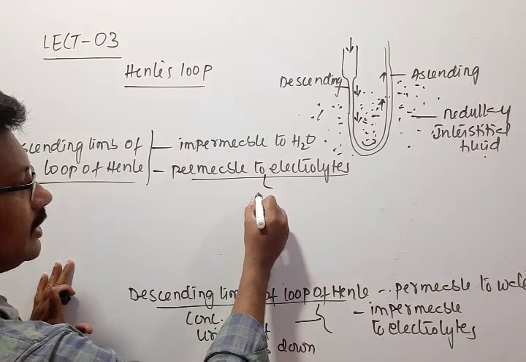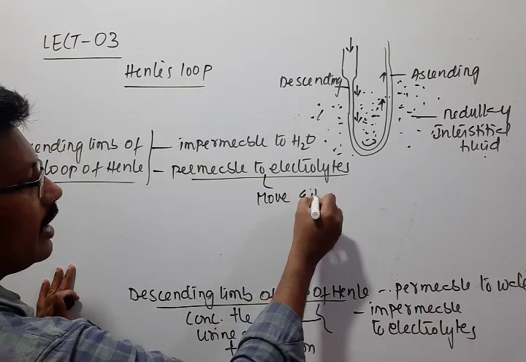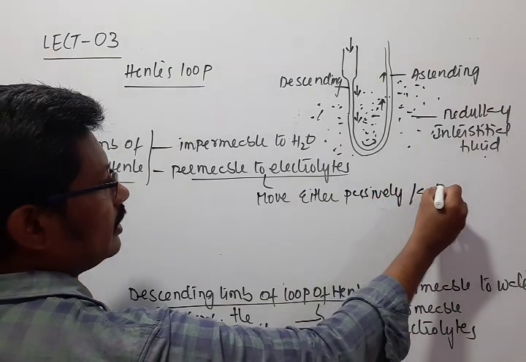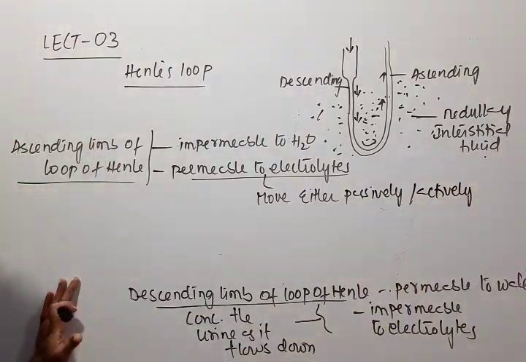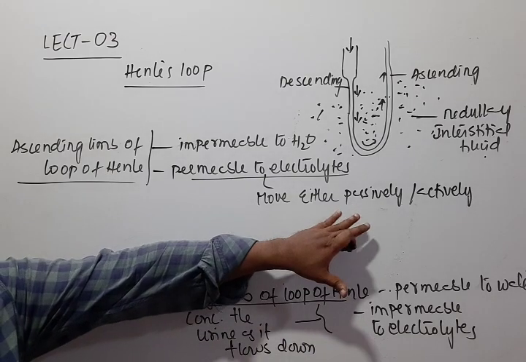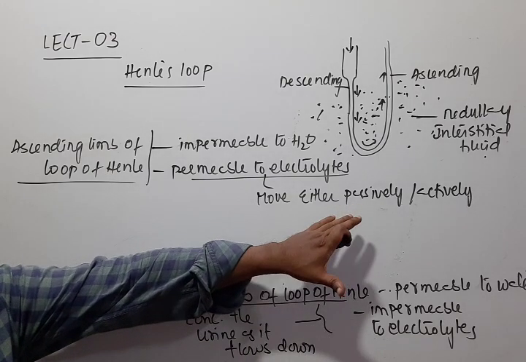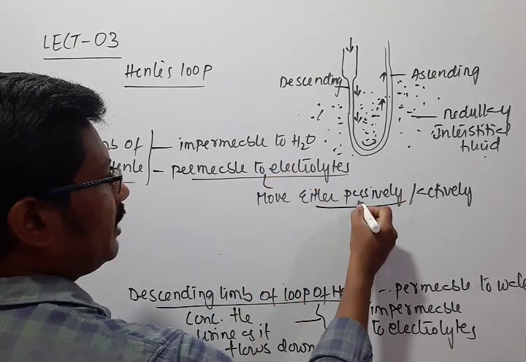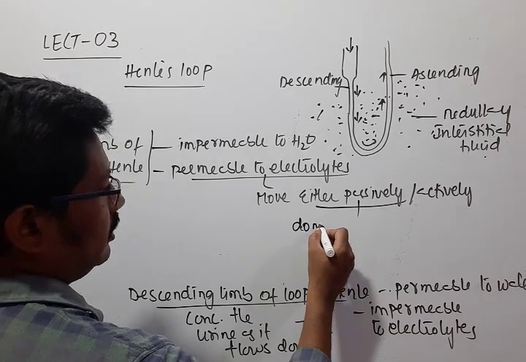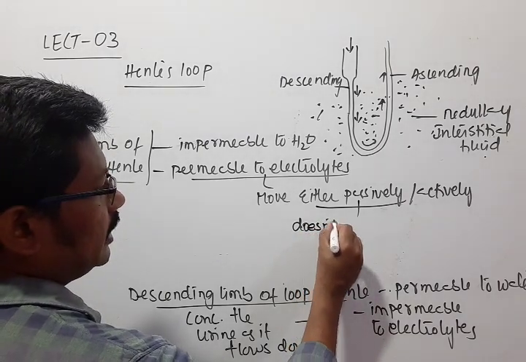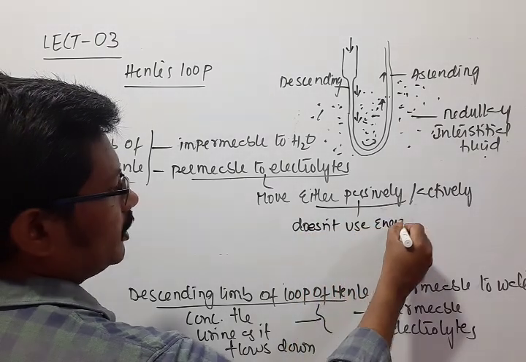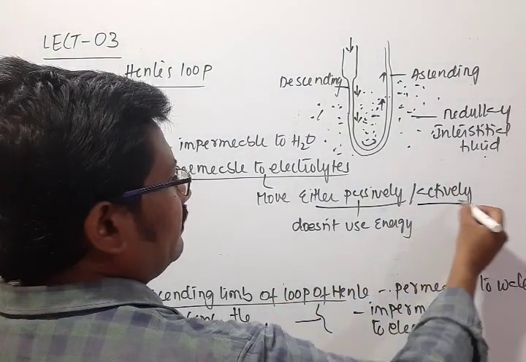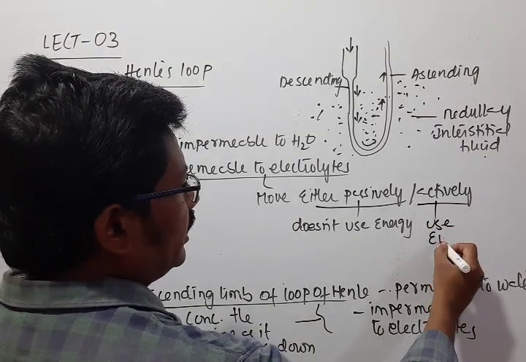Passively means it doesn't use energy for the movement of those electrolytes, whereas actively uses energy.